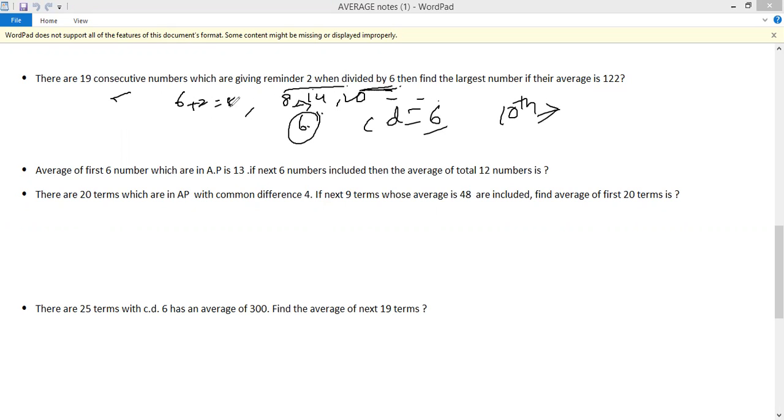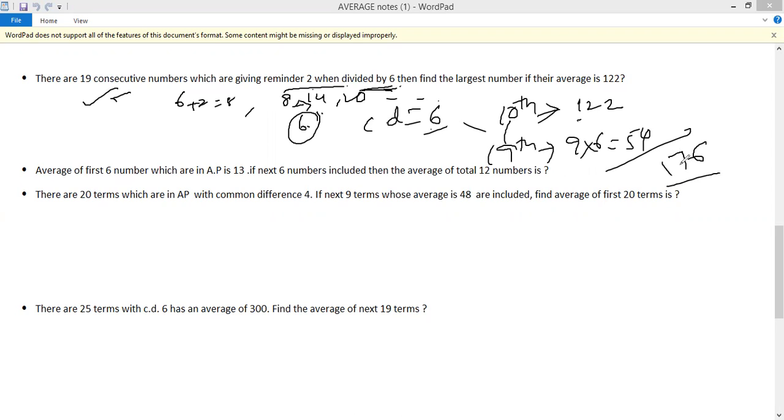That is 122. Now to know the largest number, the largest is the 19th term. How many differences? 9. 9 into the common difference 6 is 54. So the largest is 122 plus 54, that is 176.